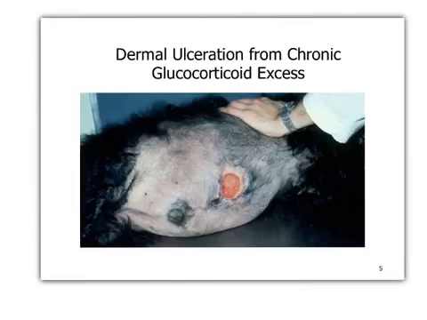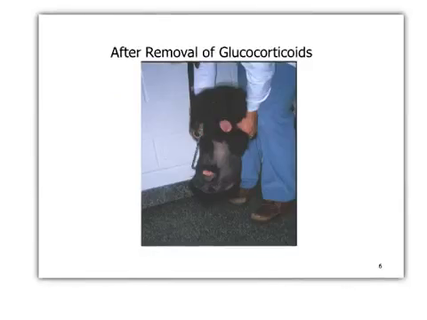And again, because of the effects on collagen synthesis, glucocorticoids can tend to reduce the normal healing process. But once this animal was removed, or glucocorticoids were removed from the animal, over time the animal healed, and you can see that the healing has progressed fairly nicely.